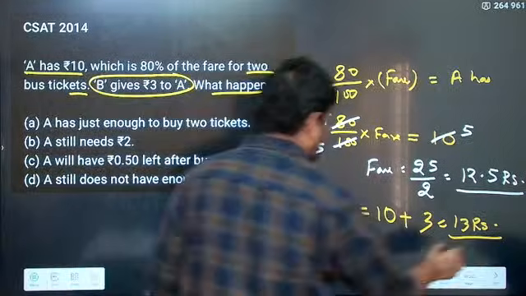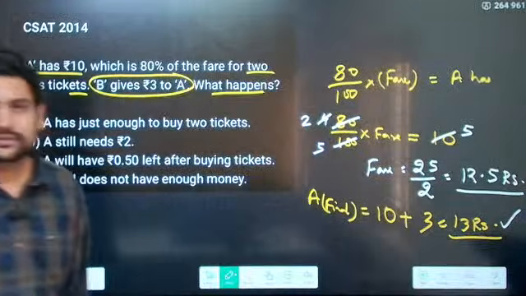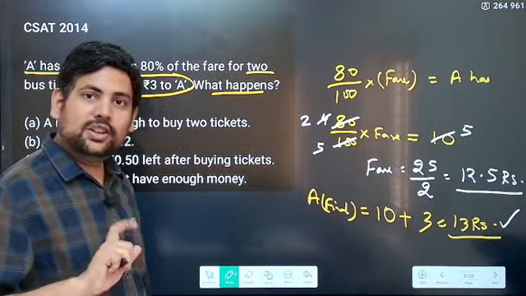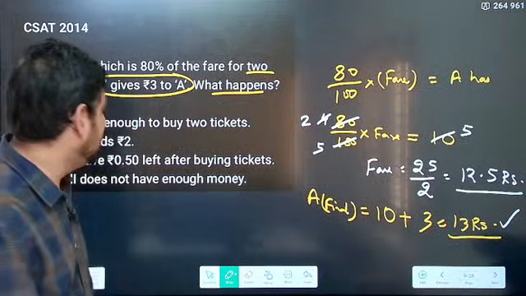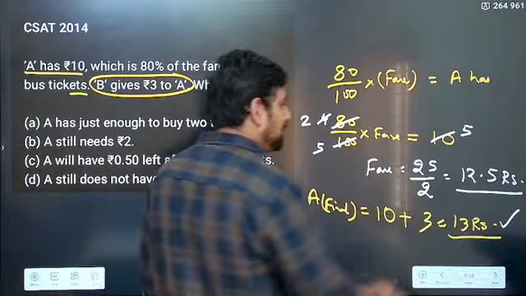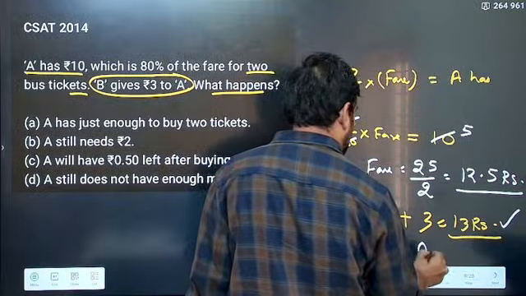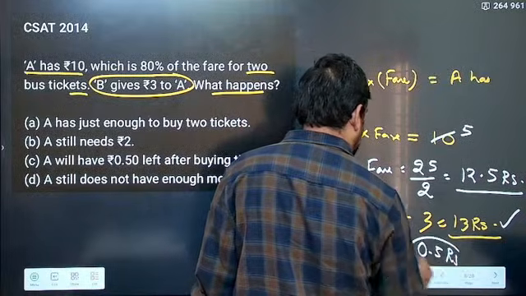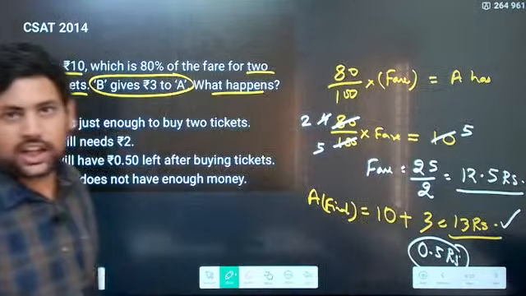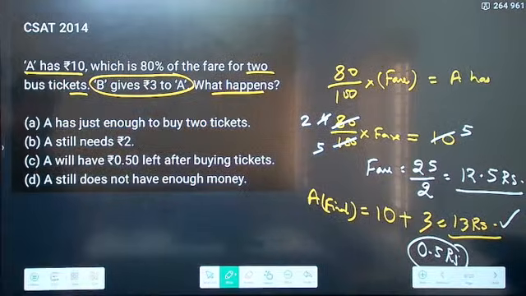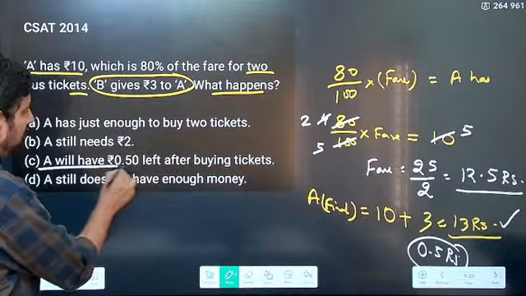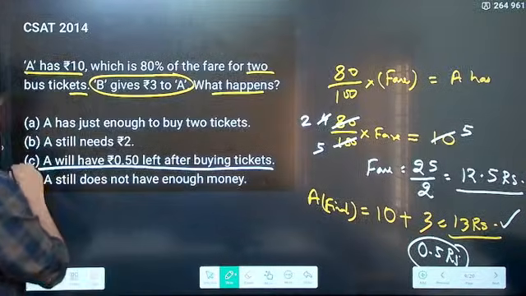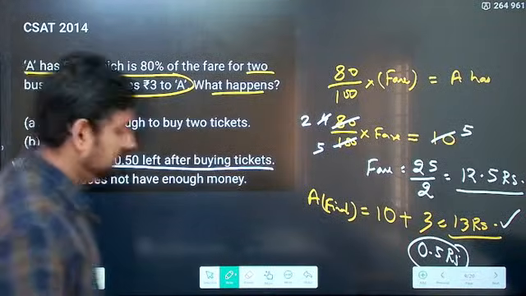He has 13 rupees. So of course he can buy the tickets and also will have some money left. How much money is left? If you just take the difference, 0.5 rupees is what will be left. Understood? So now it says A will have 0.5 left after buying tickets. C becomes the answer.